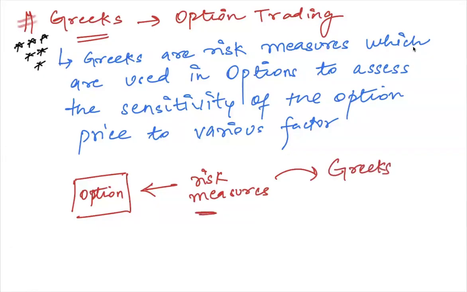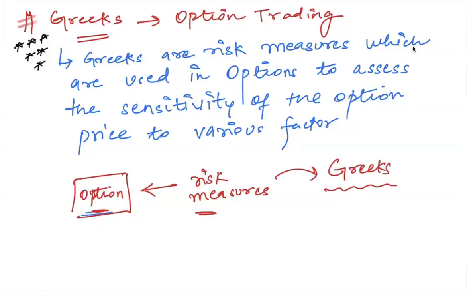To understand the risk in the options world, we'll use the concept of Greeks. It helps you understand the sensitivity of the option price to various factors.